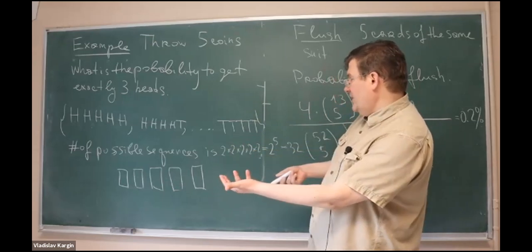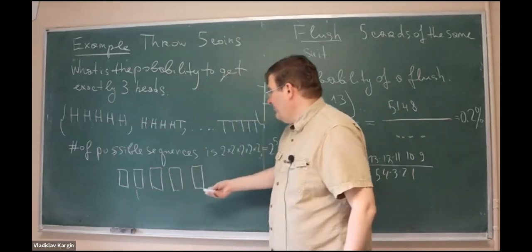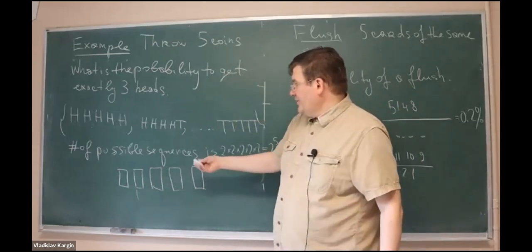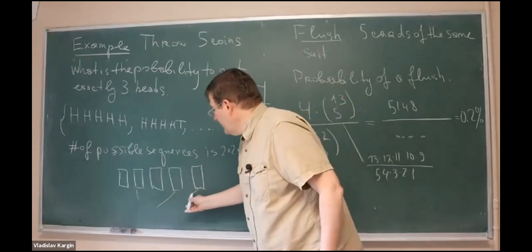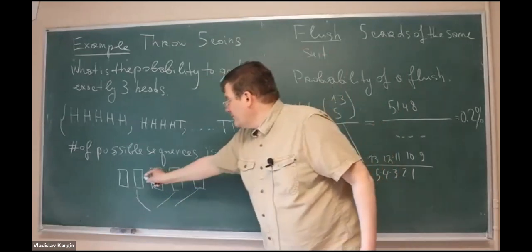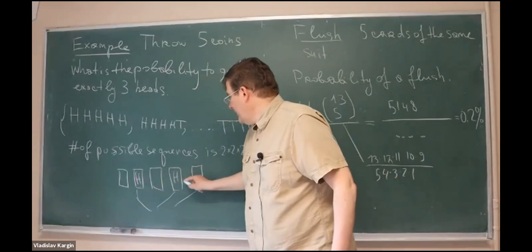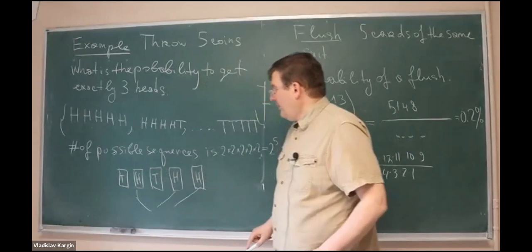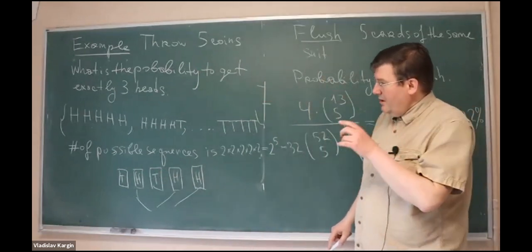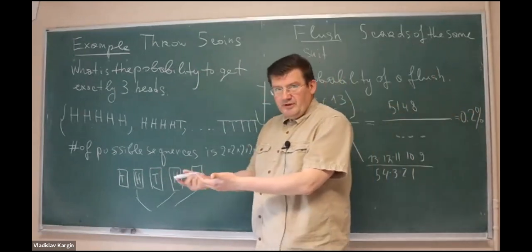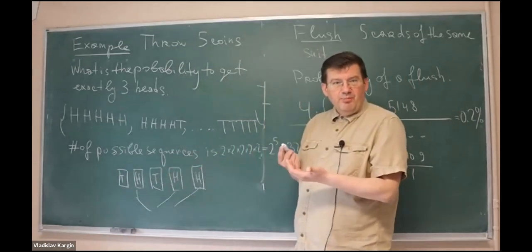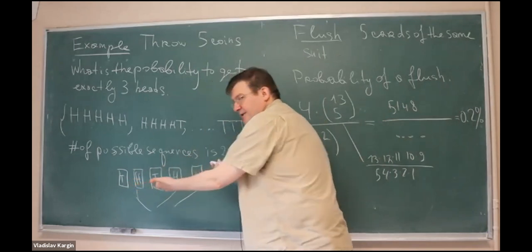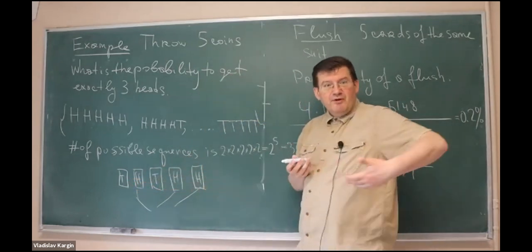So just choose places for the 3 coins which have a head: this will have a head, this will have a head, this will have a head, all others have a tail. Now we come back to our problem about how many ways to choose the places of these coins which have heads. All others will have tail.